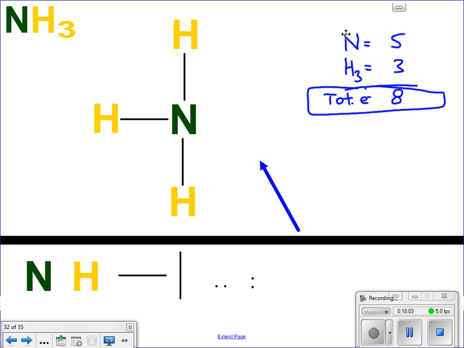Okay, my bonding pairs. How many do I have? I have 2, 4, 6 bonding pairs. So, we're going to put that number up there. We're going to subtract the bonding electrons. And we're going to wind up with a total of 2.